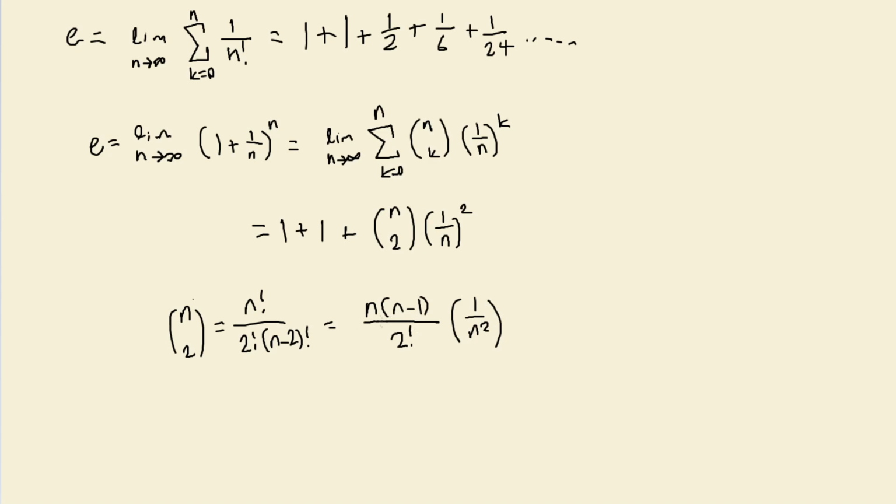And now what I'm noticing is that this n is going to cancel with one of these, and we'll be left with n minus 1 over 2 factorial, which is just 2, divided by n. And so I think we could actually break this up and say that this is equal to n over 2 minus 1 over 2, all of this being multiplied by 1 over n.